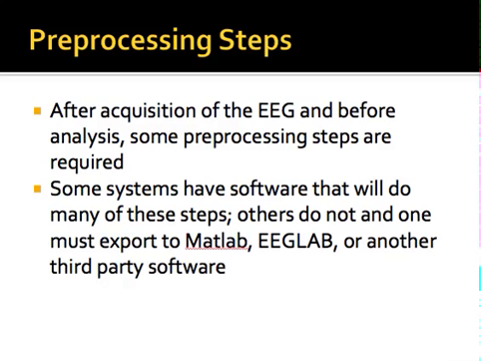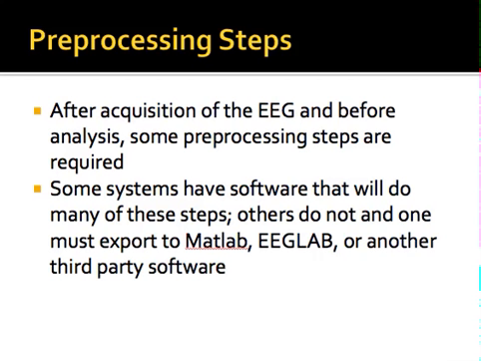So if we look at some pre-processing steps, I will just mention here that there are some excellent lectures on the EEG lab site on pre-processing and processing pipelines, which is how people refer to this, and we will refer you to those as part of the class. But basically, after you acquire the EEG, there are some pre-processing steps that are required. A lot of the systems have software that do a number of these steps, some don't.